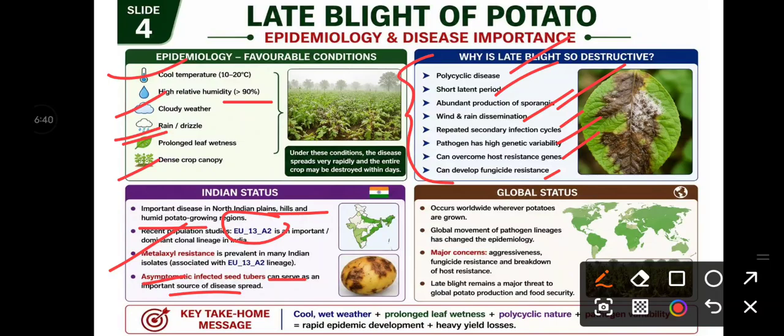Its spread is very high, and due to sexual reproduction it undergoes variability and new pathotypes and new races are forming, that is leading to the breakdown of host resistance. Late blight remains a major threat to global potato production and food security.